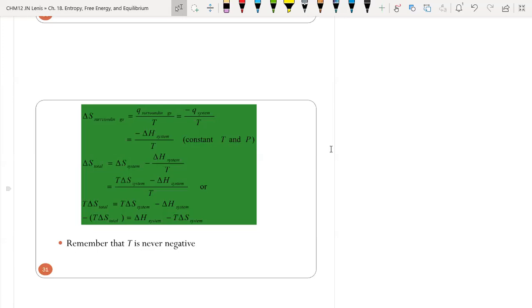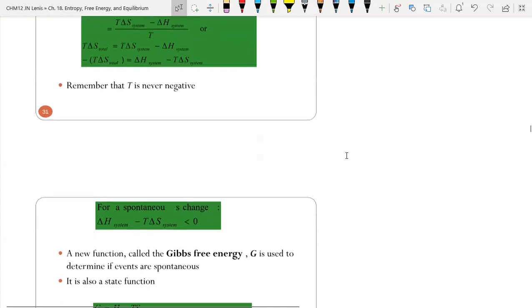This conclusion brings us to another concept in thermochemistry. For a natural process, minus T delta S total of the system is called the free energy. Free energy.